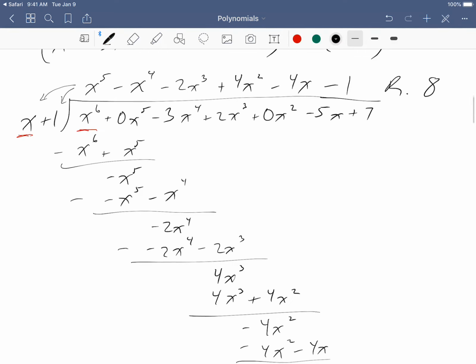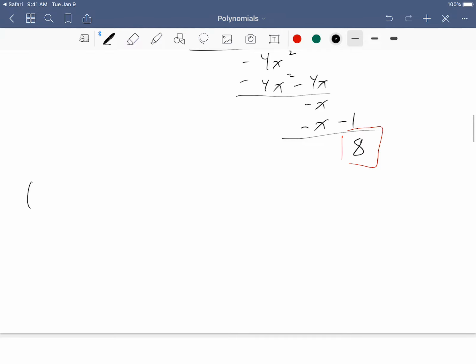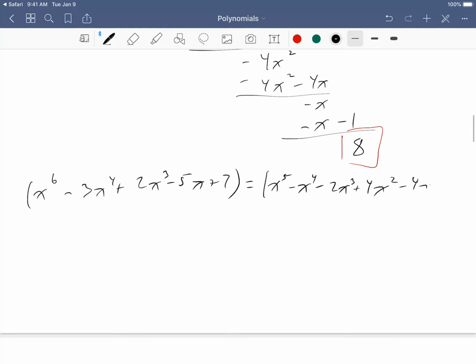So if we were going to write this as it would be written in the division algorithm, we would write x to the sixth minus 3x to the fourth plus 2x cubed minus 5x plus 7 is equal to x to the fifth minus x to the fourth minus 2x cubed plus 4x squared minus 4x minus 1 times x plus 1 plus my remainder, 8.